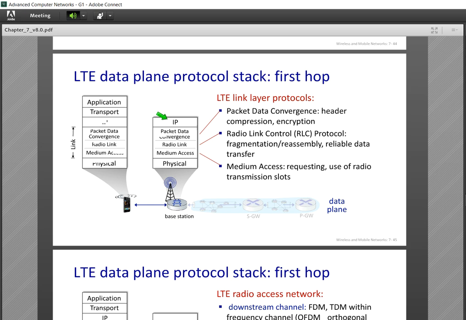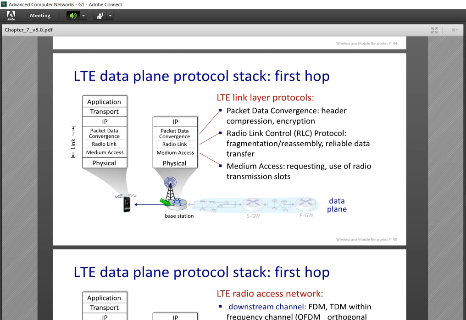So here we can say that the base station is similar to a router, but a router works over a wired network. This base station is placed at the edge of a network, an edge between a wired world and a wireless world.